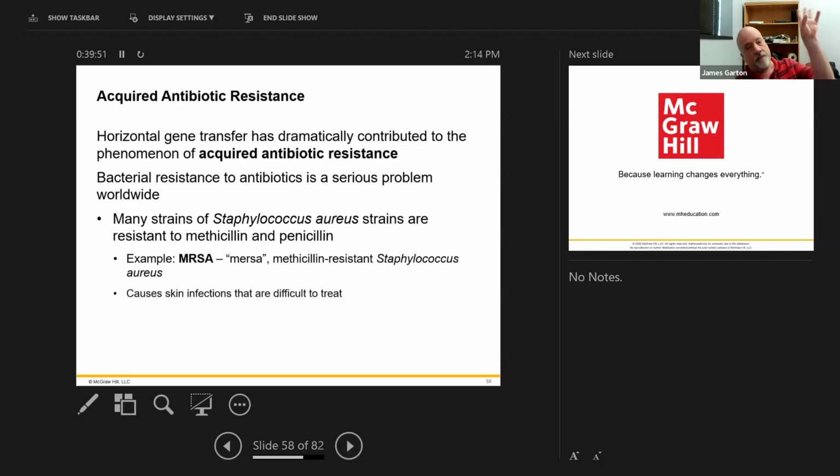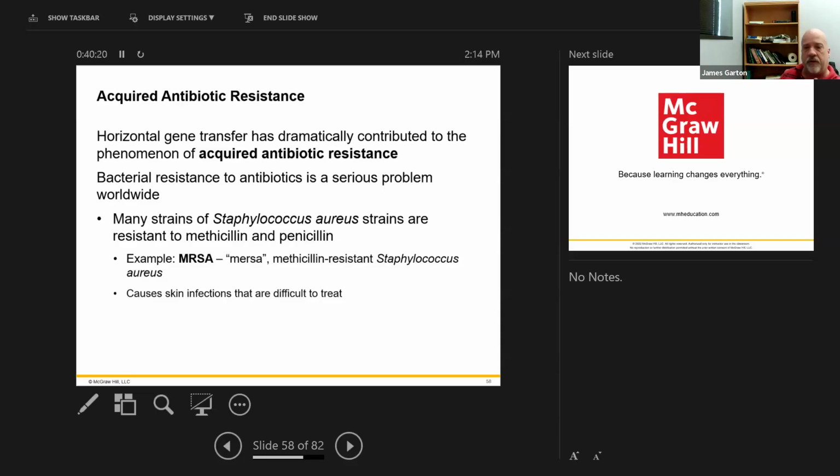Now, the medical importance of this. There is an increasing potential problem of antibiotic resistance in bacteria. And there are some bacteria that are resistant to virtually every antibiotic we know of.